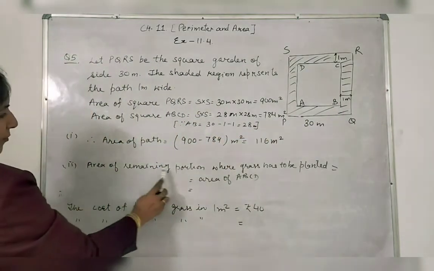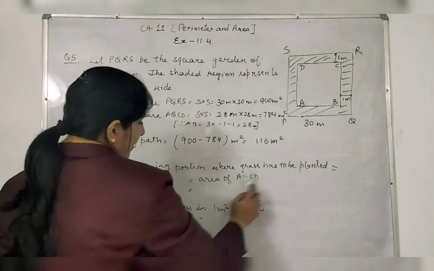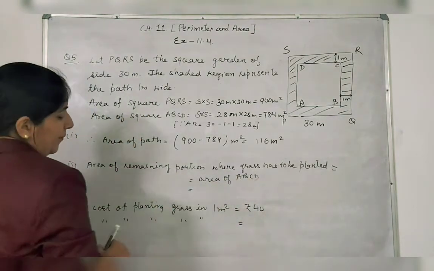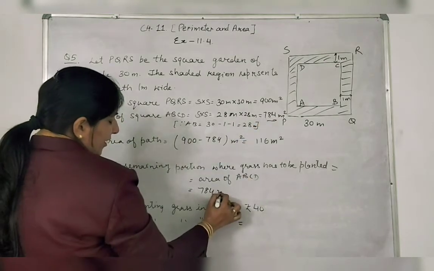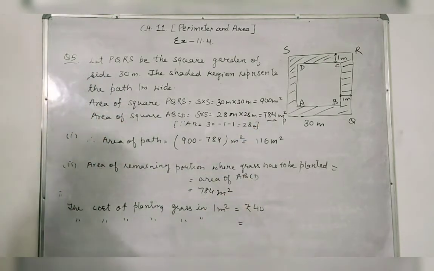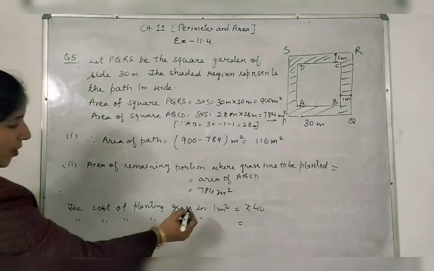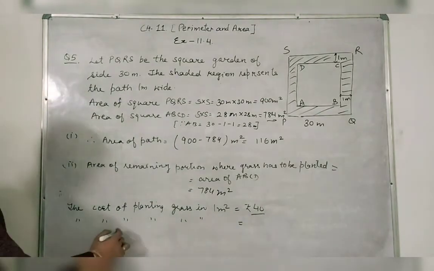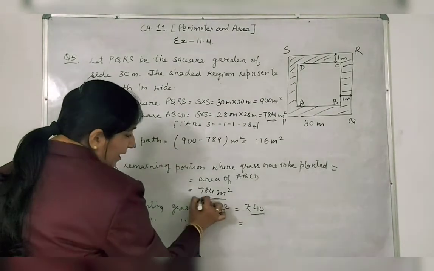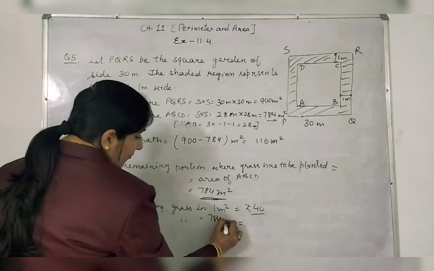The area of the remaining portion where grass has to be planted is basically the area of ABCD, which we have already found, so I am directly writing 784 meter square. Now the cost of planting grass in 1 meter square is rupees 40, and we need to find the cost of planting the grass in 784 meters square.